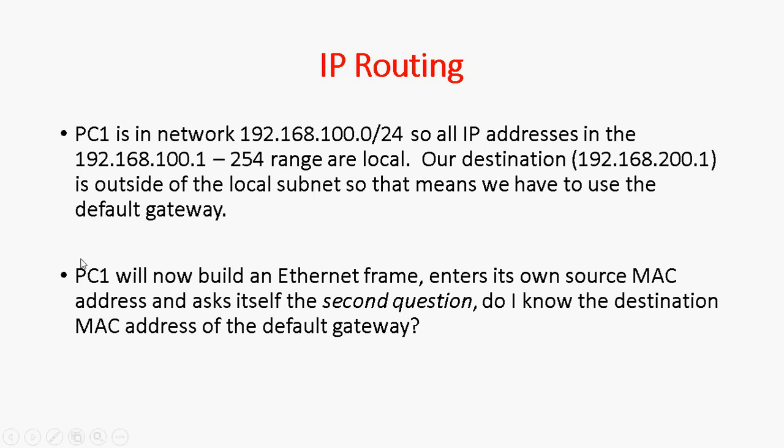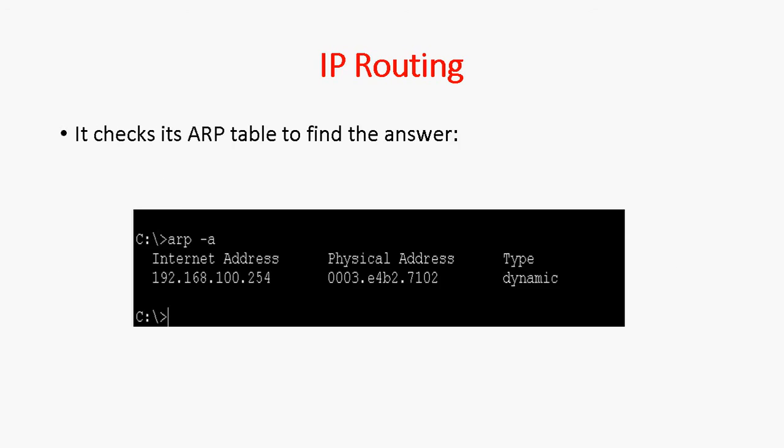Now PC1 will build an Ethernet frame, enter its own source MAC address, and ask itself the second question: do I know the destination MAC address of the default gateway? PC1 checks its ARP table. We have to give arp -a.